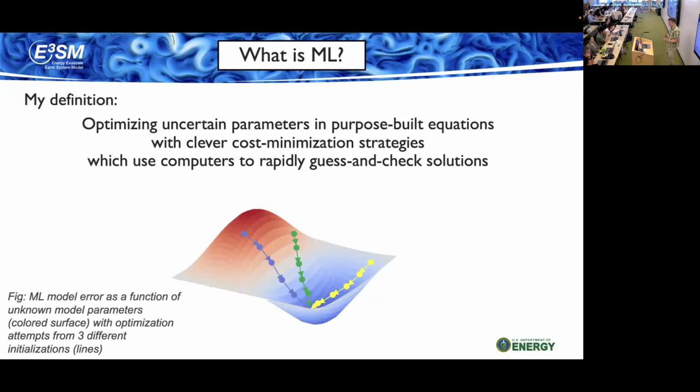The second line is that we're going to optimize these things with clever cost minimization strategies, so basically trying to have our predictions agree really well with our training data.